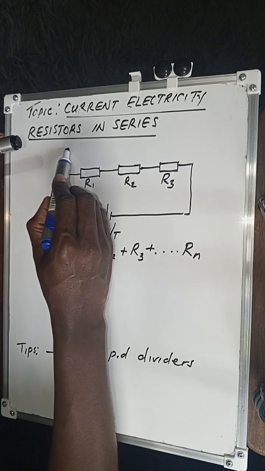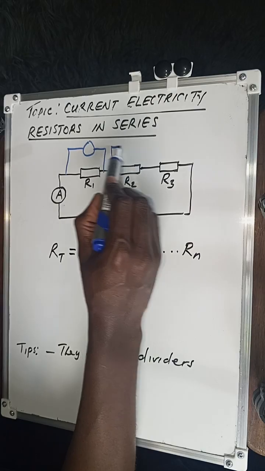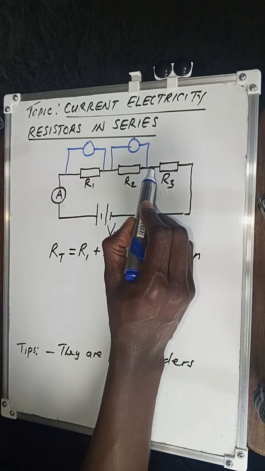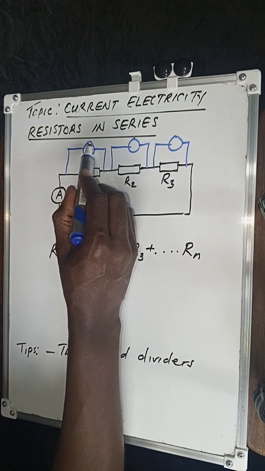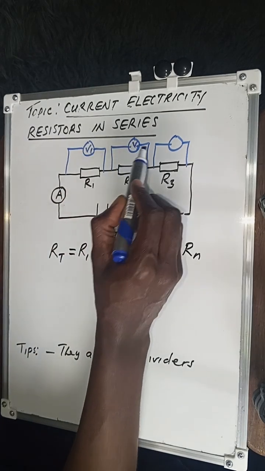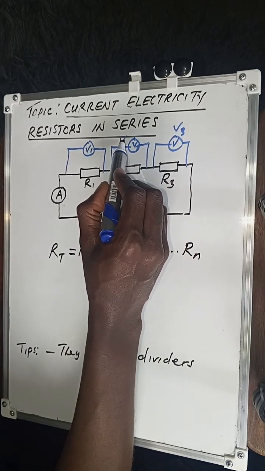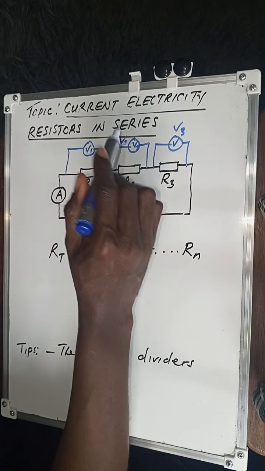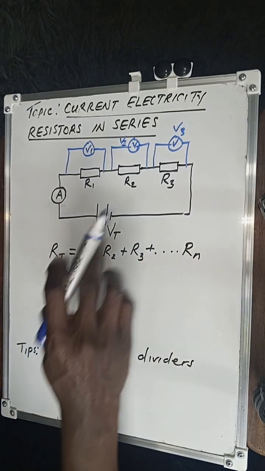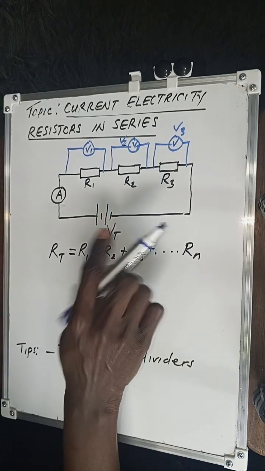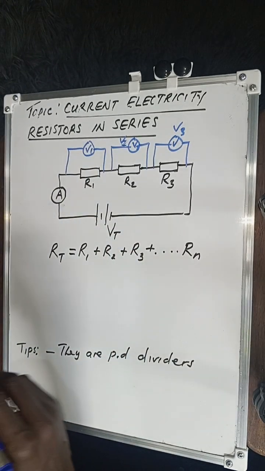If you were to connect a voltmeter across resistor 1, and a voltmeter across resistor 2, and a voltmeter across resistor 3, let me call them V1, V2, and V3. The way it is going to happen is that the total voltage from the source is going to be divided across each resistor depending on the value of the resistor.